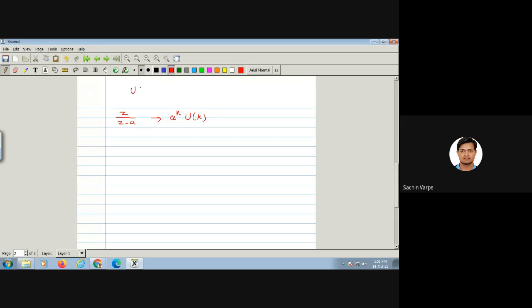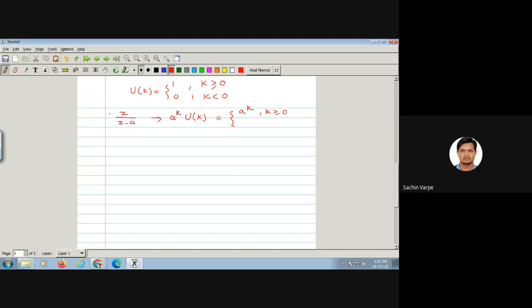We have discussed even the definition of the unit step function. How do we define u of k? It is 1 for k greater than or equal to 0, and it is 0 for k negative. You can check the definition we have discussed. So if I multiply a raised to k by the unit step function, we will get a raised to k into 1, that is, a raised to k for k greater than or equal to 0.